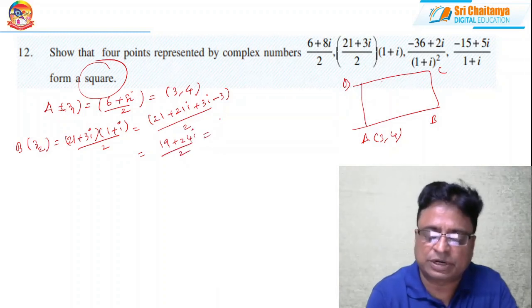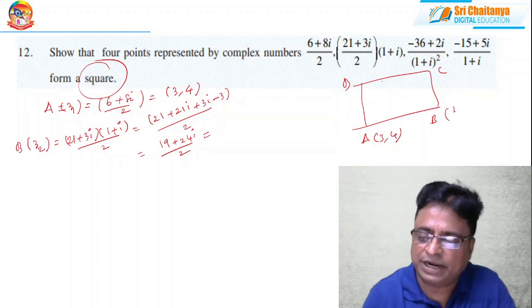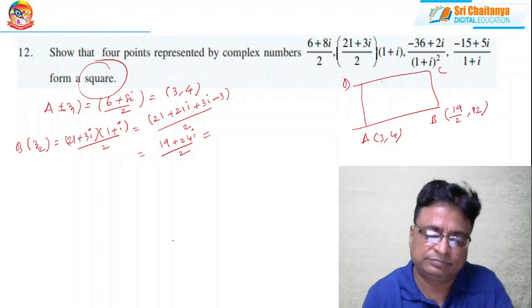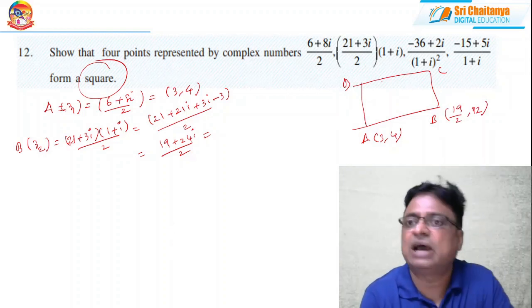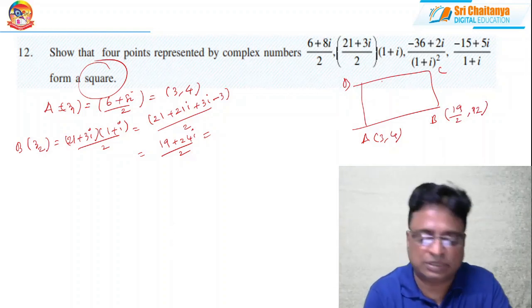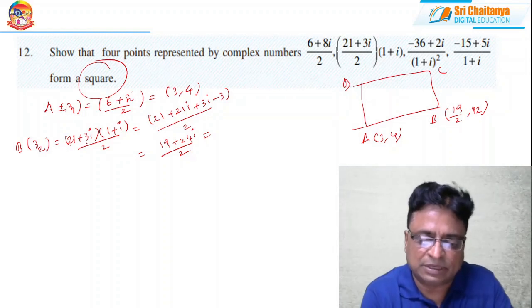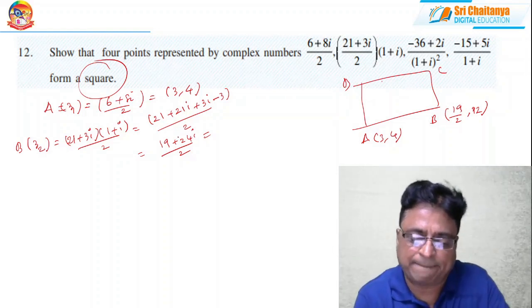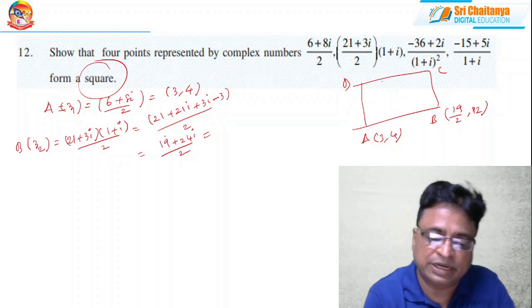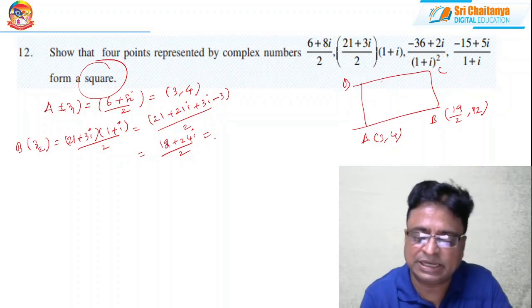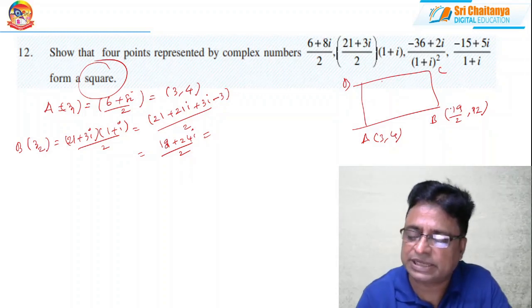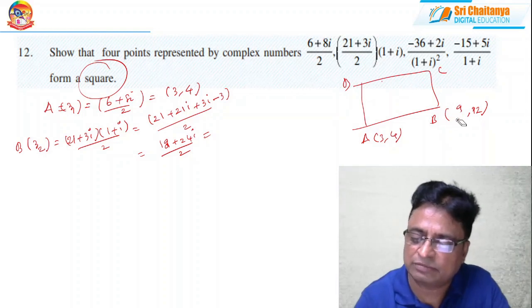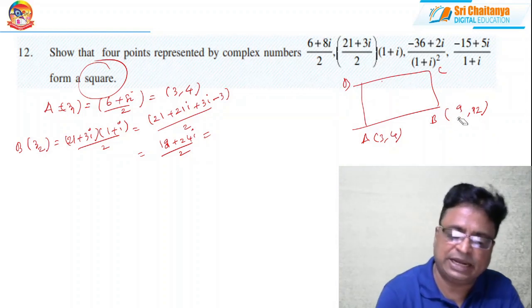Clear? Once again, I am rechecking the coordinates. This is 21 minus 3, 18. 18 by 2 means 9, and 24 by 2 is 12. So 9 comma 12. So B is (9, 12).